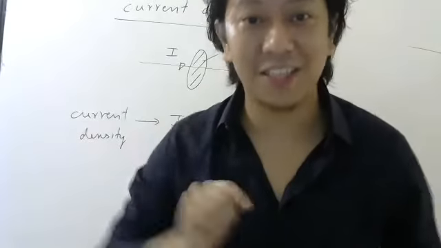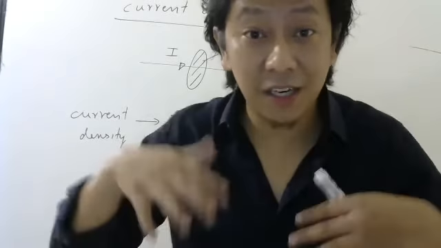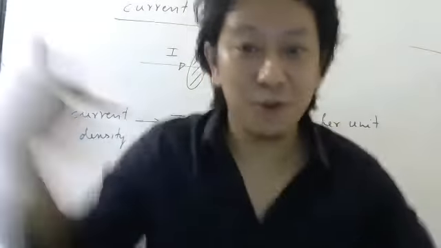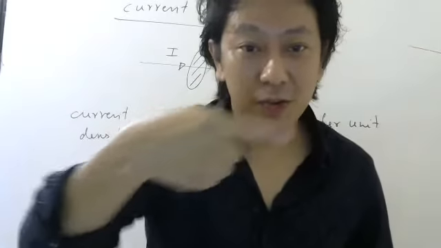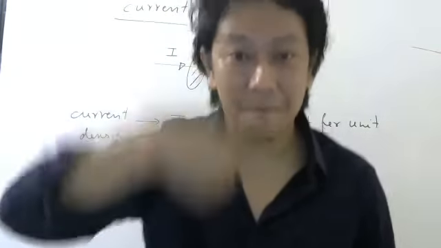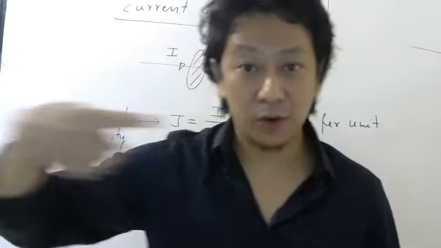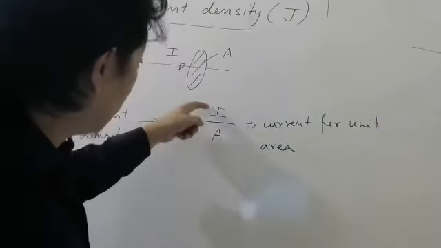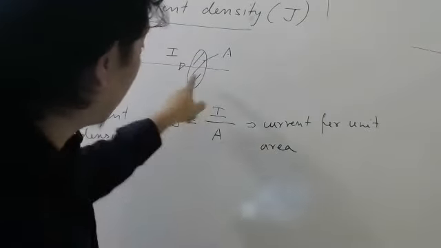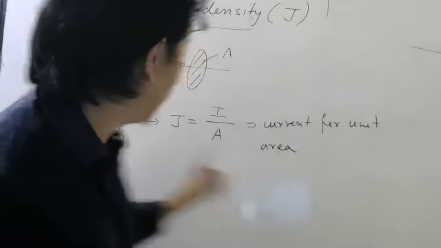This is different. Current cannot sit somewhere. Current has to flow. So when current is flowing, you can always imagine some area through which current is flowing. Current per unit area, that is what we call current density.